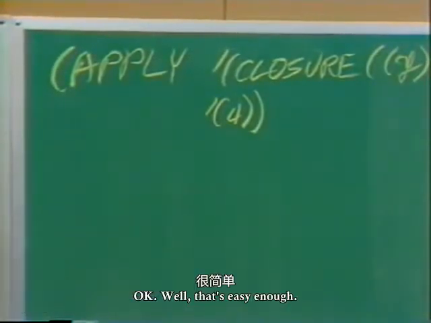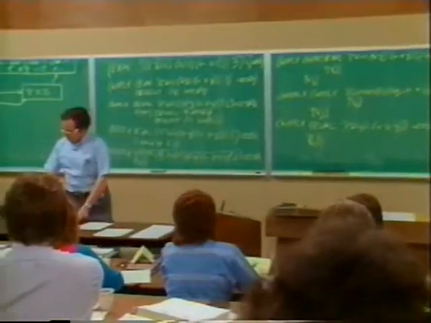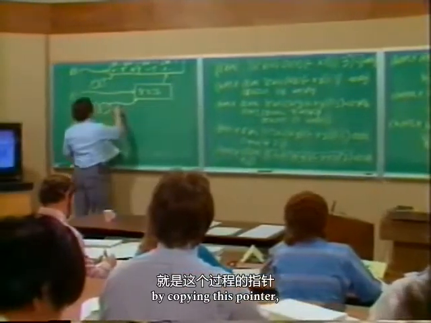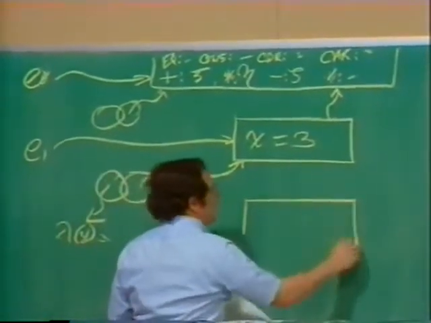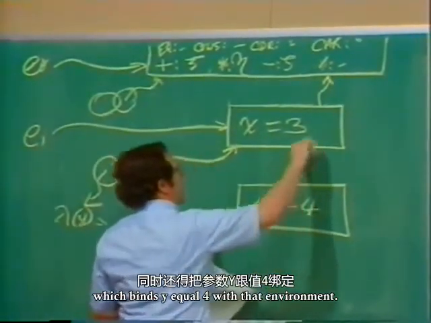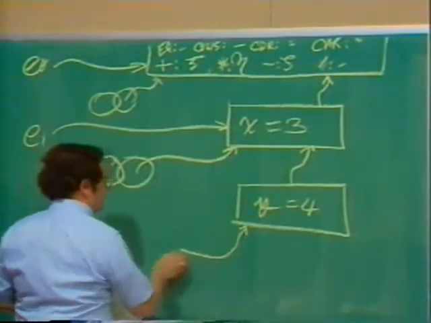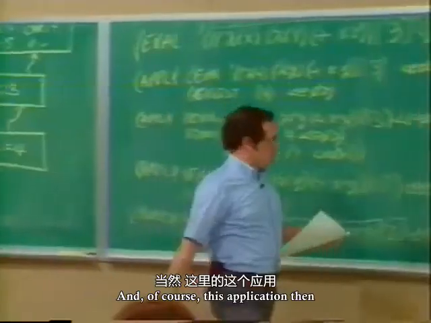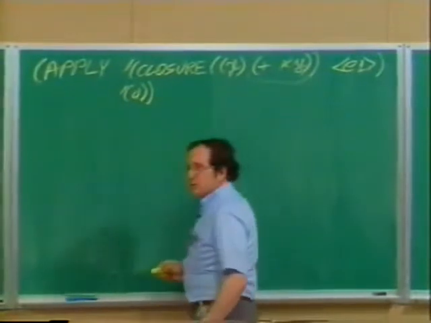Okay, well that's easy enough. That means I have to make a new environment by copying this pointer, which is the pointer of the procedure, which binds y equal 4 with that environment. And here's my new environment, which I'll call E2. And of course, this application then is evaluate the body in E2.